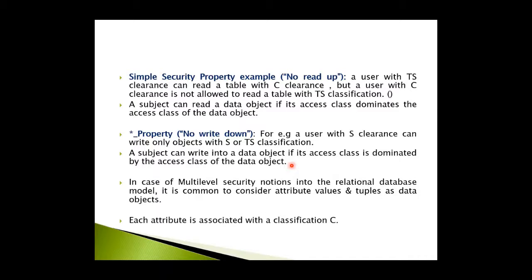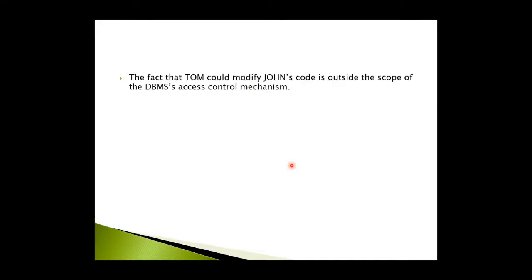Each attribute, or we can say here, a column, is associated with a classification C. Now, as I said, we are going to revisit the same example which I discussed in my last video session. The fact that student Tom could modify John's code is outside the scope of the database management system's access control mechanism. But MAC mechanisms are aimed at addressing such loopholes in discretionary access control.